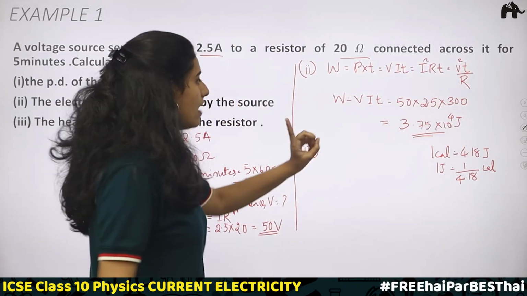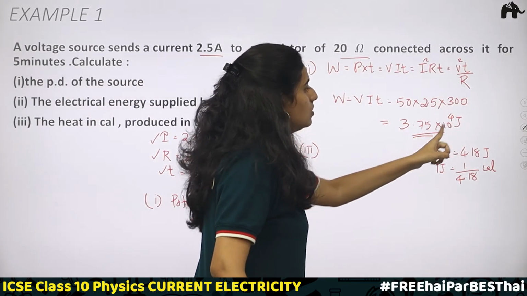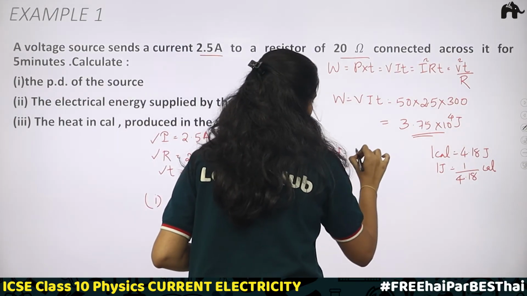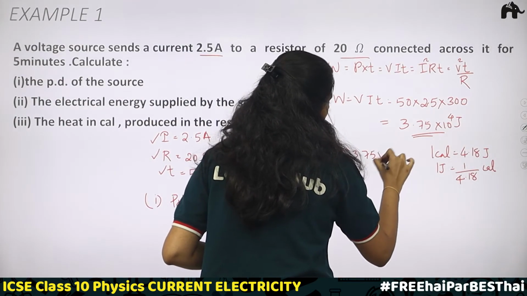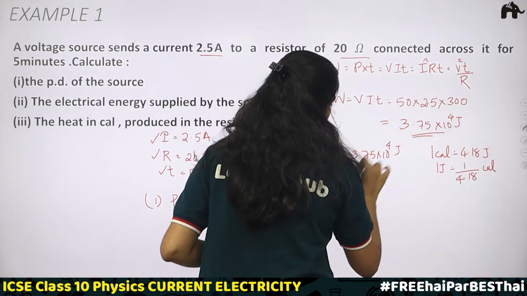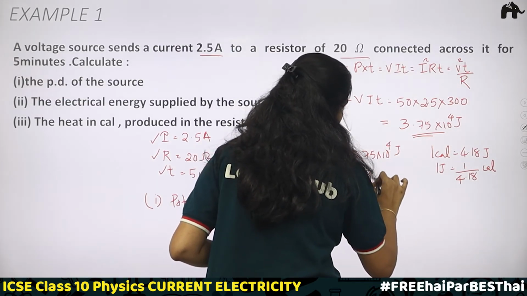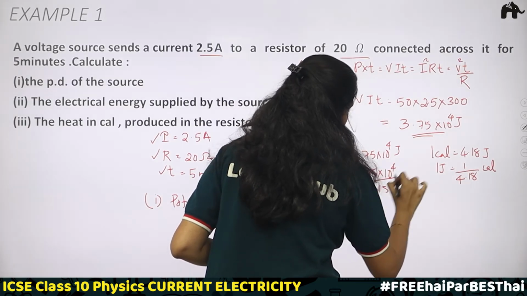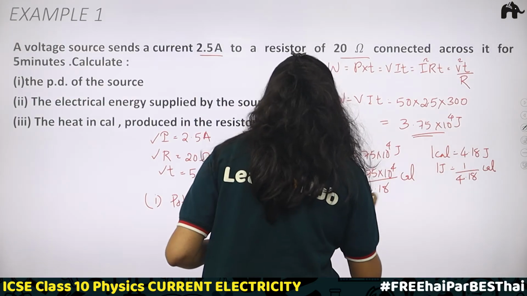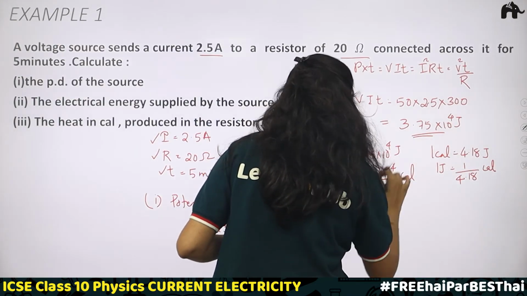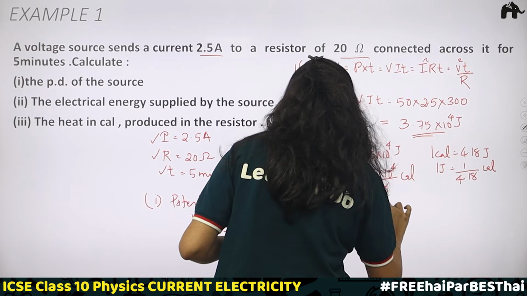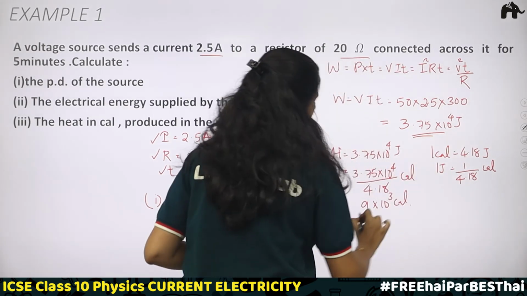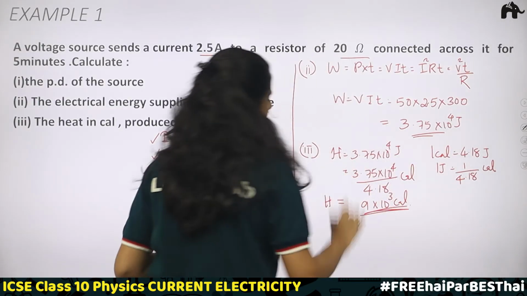Here we have 3.75 into 10 raised to 4 joules, so the heat energy will be equal to 3.75 into 10 raised to 4 divided by 4.18 calories. When you calculate this, you will be getting 9 into 10 raised to 3 calories. So 9 into 10 raised to 3 calories is the heat energy.